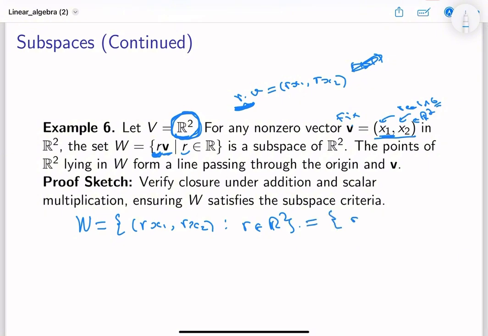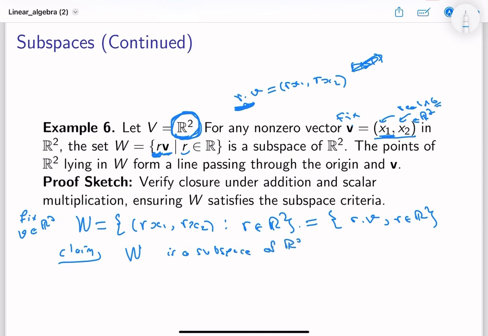So this is the set of all r dot v, where r is a real number, and we fix v in R2. And the claim is that omega is a subspace of R2.